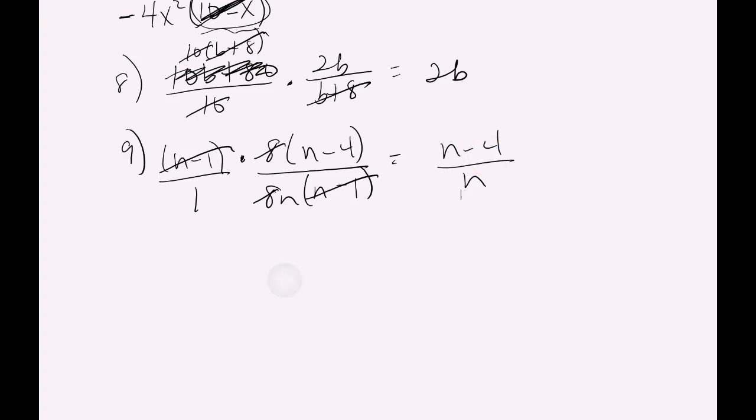Okay? Number 10, m minus 2 over m plus 5 times, same thing, I'm going to factor as I go. Actually, I'm a liar because that looks hard to factor. Let me see. I'm actually going to take a negative 1 out right in the beginning.